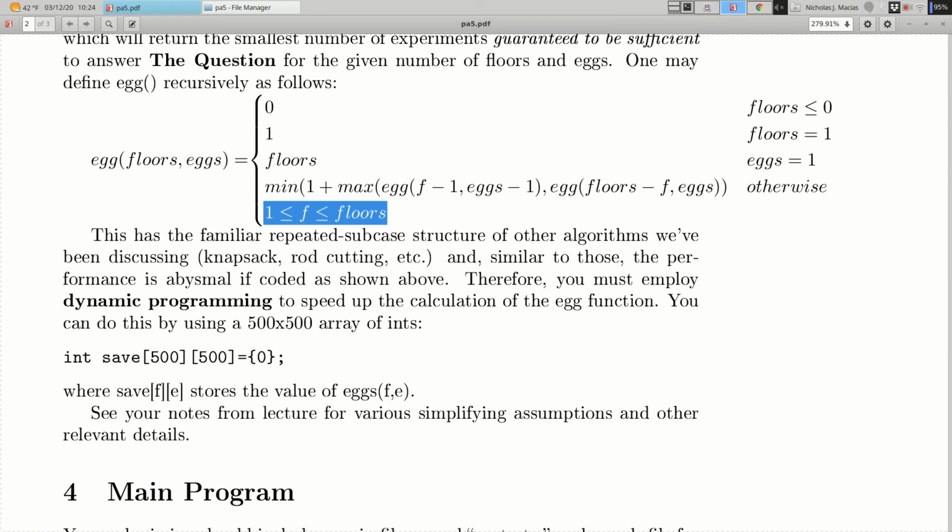This should never give you a negative number of eggs. Eggs goes down by at most 1, and when eggs is equal to 1, you have a base case. But if somehow your number of eggs got negative and you don't check for that, you're going to make a recursive call to egg with eggs being negative, and when you look in your save array, it's going to seg fault probably. So seg faults can pop up just because of an error in how you're recursing.